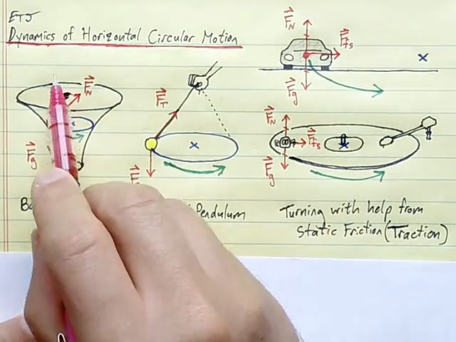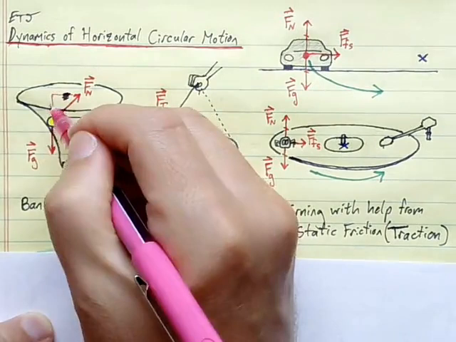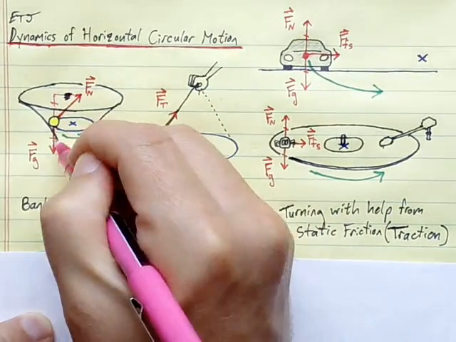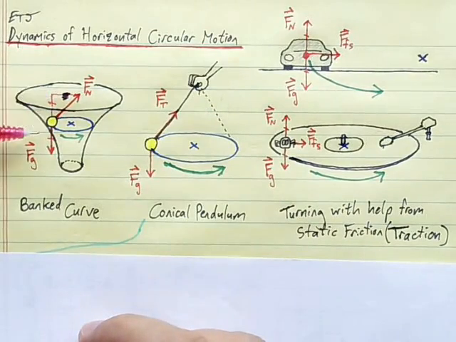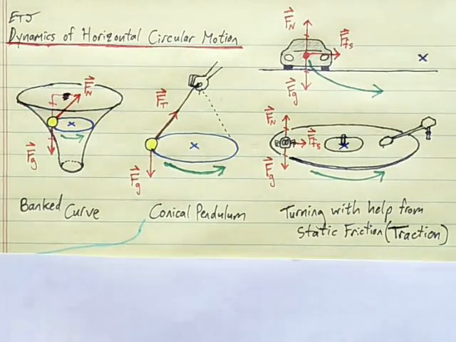Say a vertical component that must balance out the force of gravity, leaving this inward radial component, the component of the normal force pointing in the negative radial direction in towards the center of our circle. That's providing our centripetal acceleration.